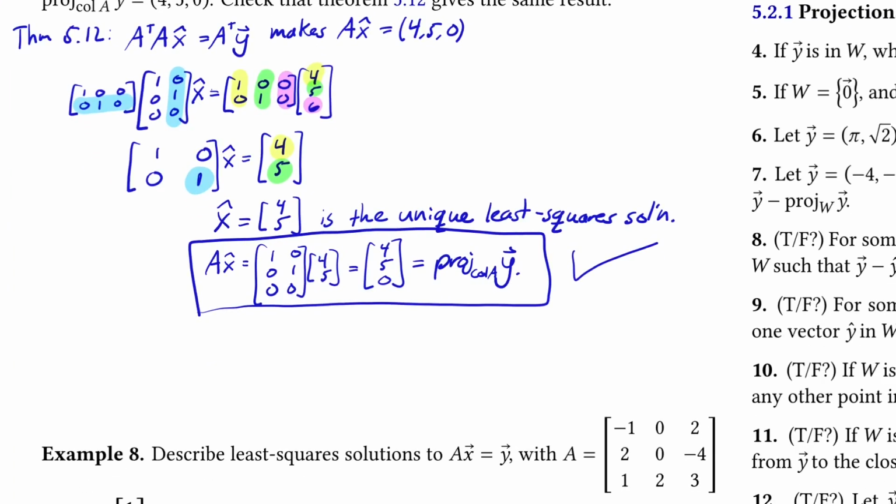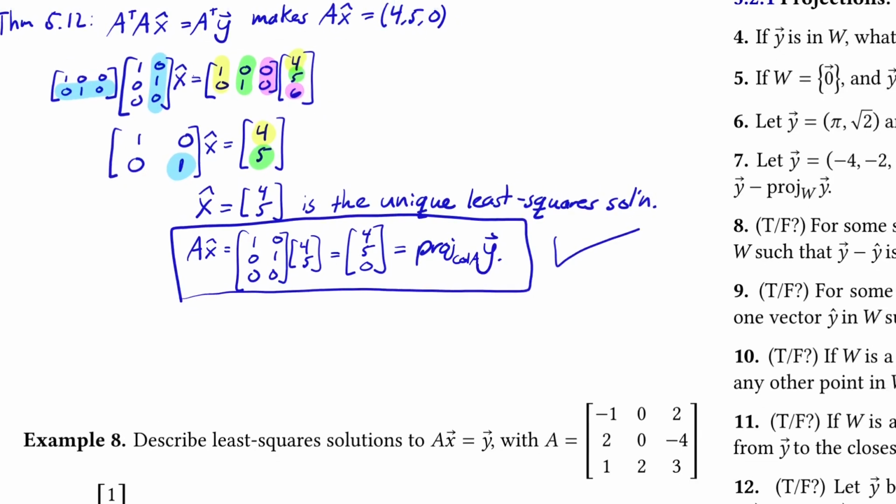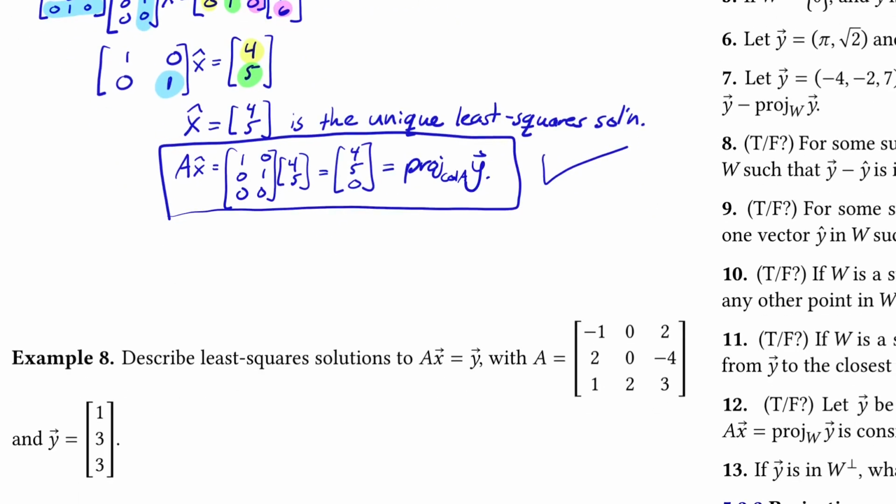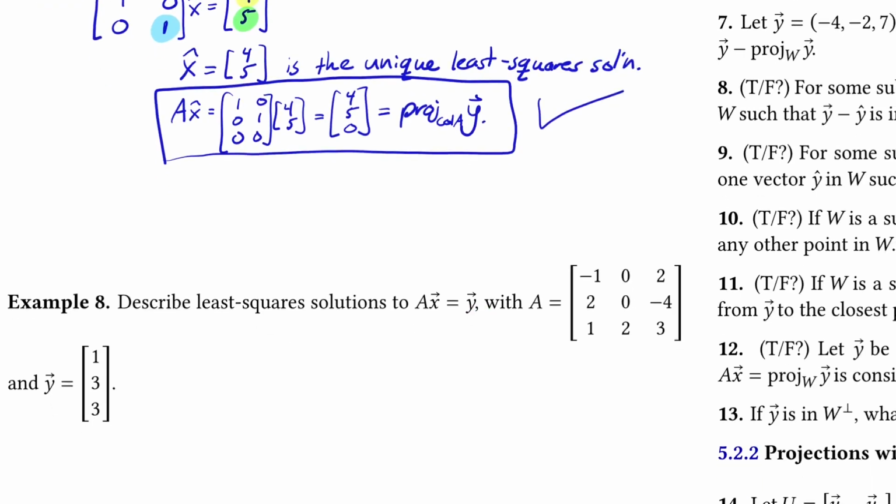Sounds good. Let's do a trickier one here. So now we're trying to find the least squares solutions to Ax equals y. Now remember, what this means is that Ax equals y might not have a real solution, but we're trying to get A times x hat as close as we can get to y.